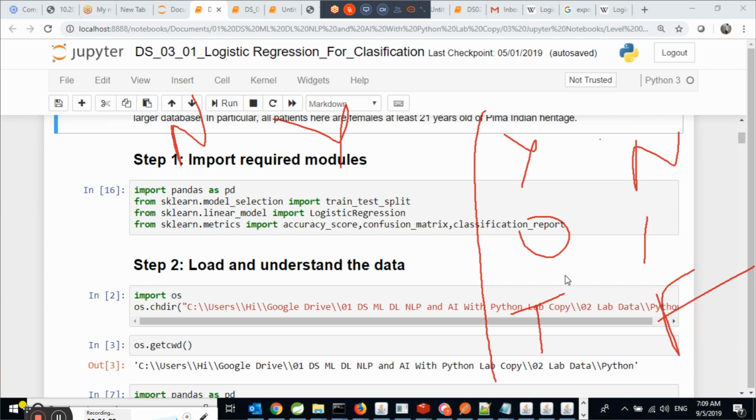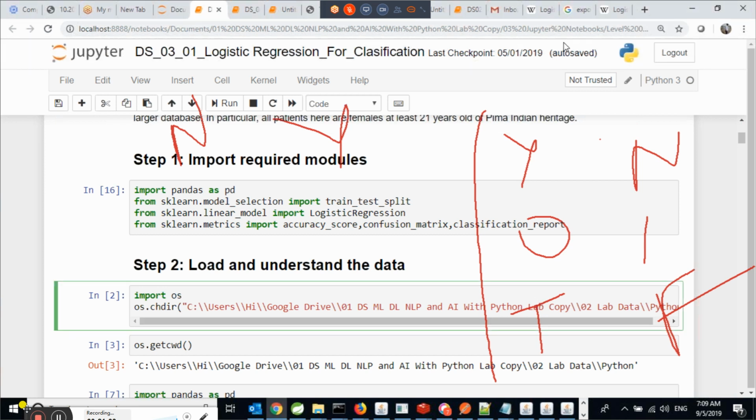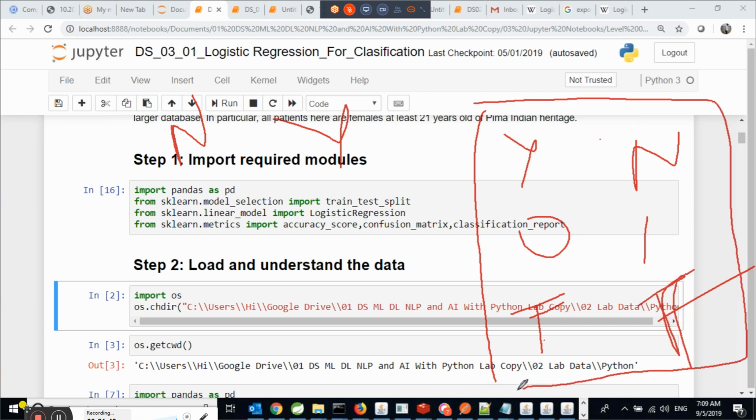First false will come, then true will come. So you have to follow the same order, and internally it will follow the same order. n means 0, y means 1. 0 means false, and 1 means true.